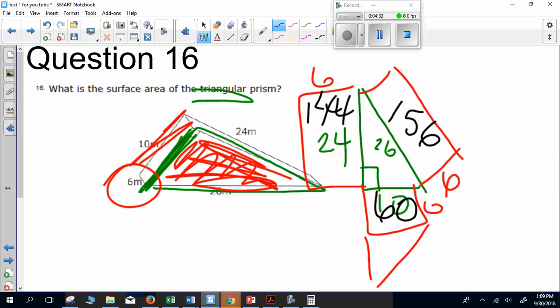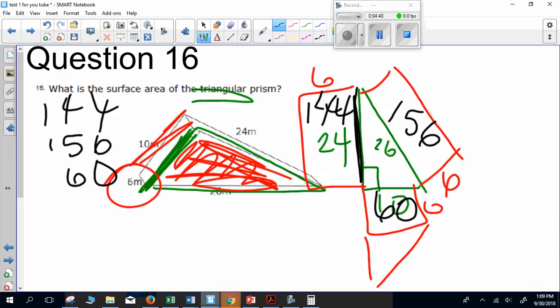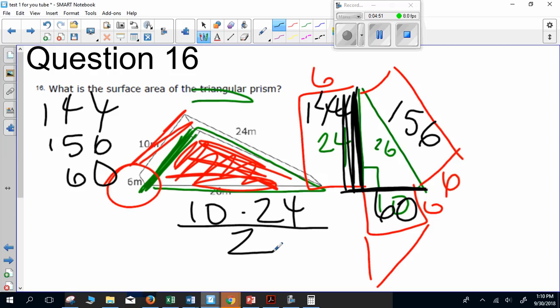Okay, so I've got 144 plus 156 plus 60. Then I've got this triangle here. The height of the triangle is 10. Base of the triangle is 24. So 10 times 24 divided by 2 is 240 divided by 2, so that's 120. And then we've got the back down here. This is also 120.